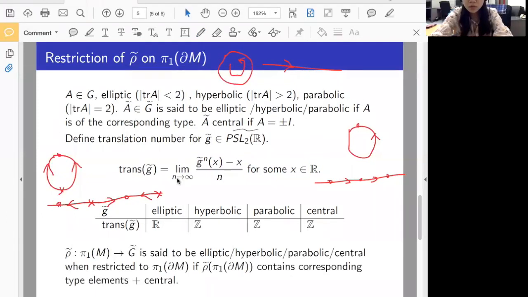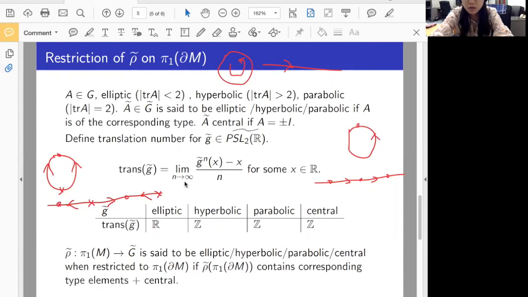Okay. For elements in PSL2R tilde, we could define the translation number. Let G tilde be any element in PSL2R tilde, and here is the exact definition for translation number. So it's like you first pick some random point x on the real line, and then apply G tilde n times to x, and then measure the distance between the new point and the original point x, divide the distance by n, and take the limit when n goes to infinity.